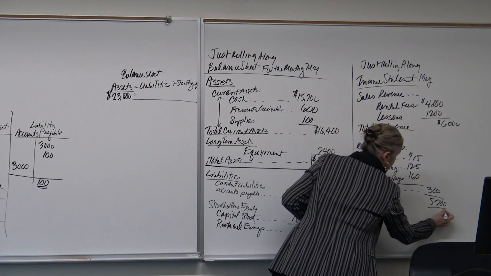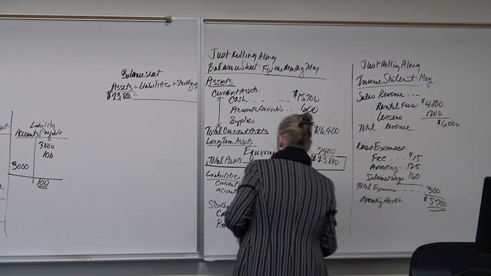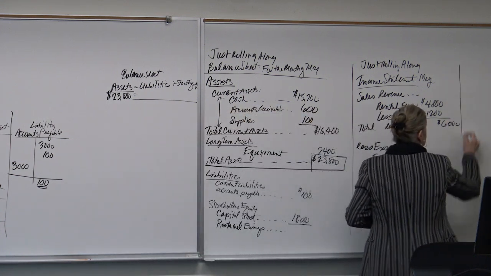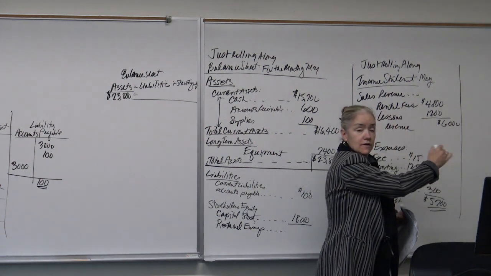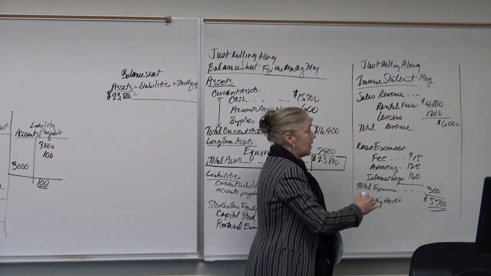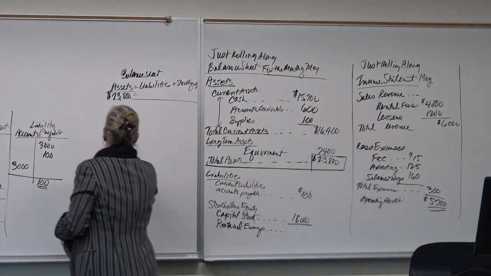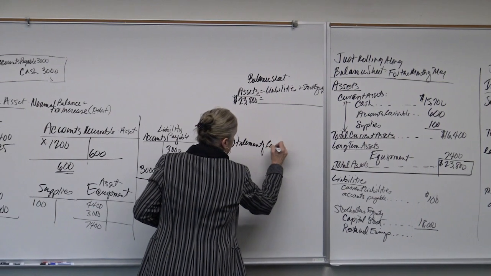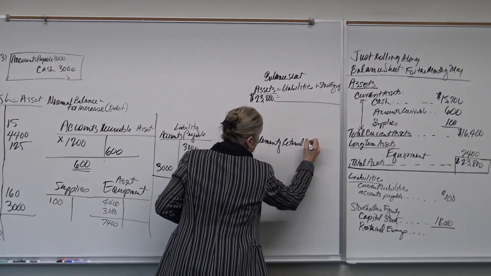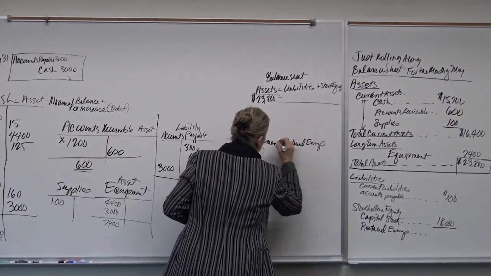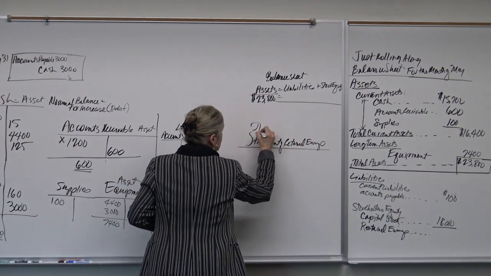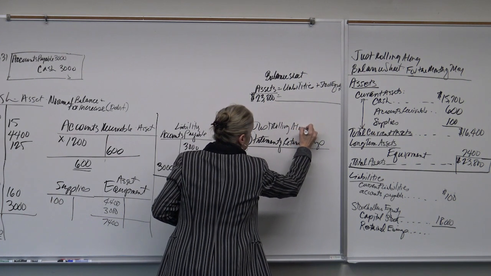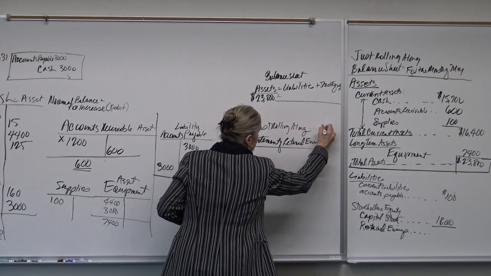And now I'm going to take that into consideration with the retained earnings, because my statement of retained earnings is, can you see here? Did you see what I just did here? Okay, good. Let's do the statement of retained earnings for just rolling along, which was May.